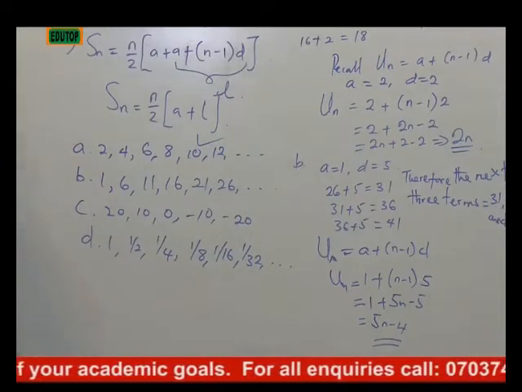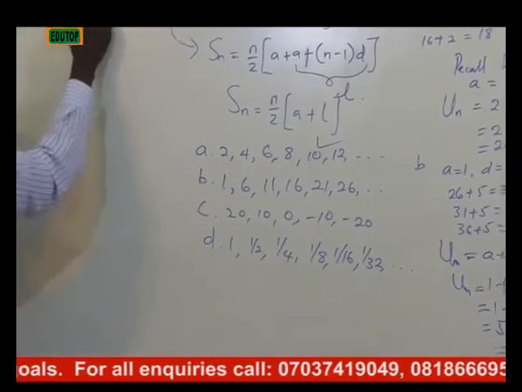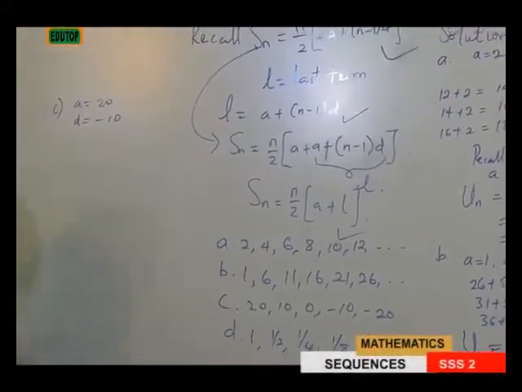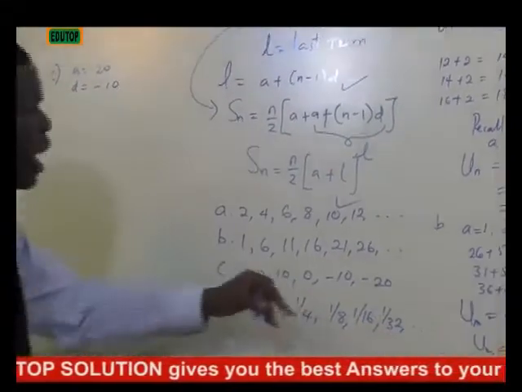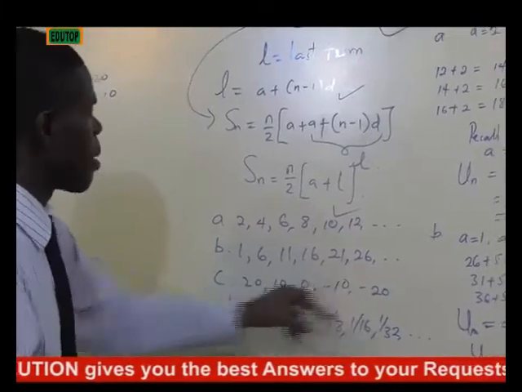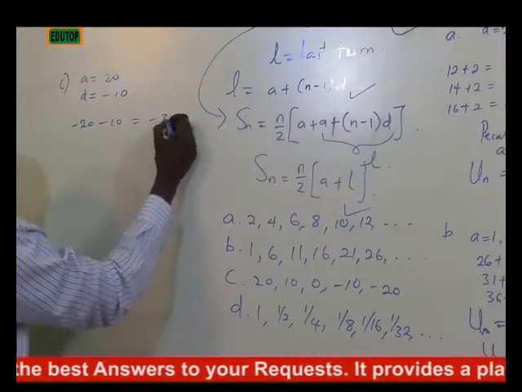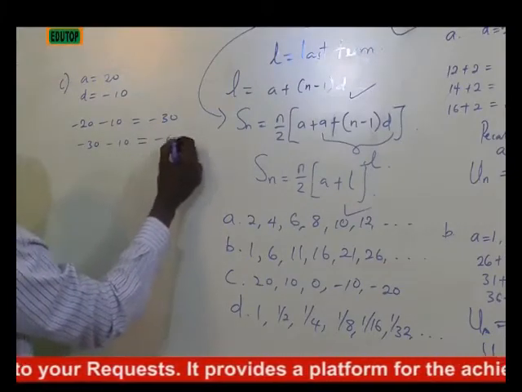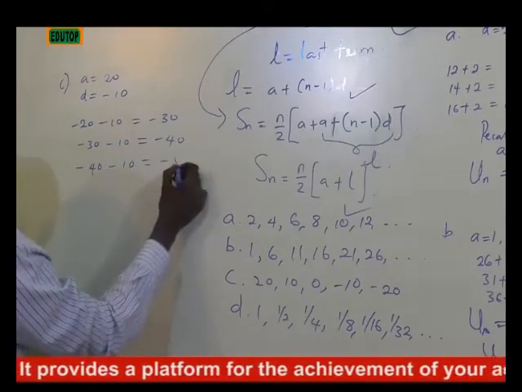So it can be deduced from the C part that our a is 20, while our d will be minus 10. If you have to calculate the 3 successive terms, then it will be minus 20 minus 10, and that gives minus 30. Minus 30 minus 10 gives us minus 40. Minus 40 minus 10 gives us minus 50.